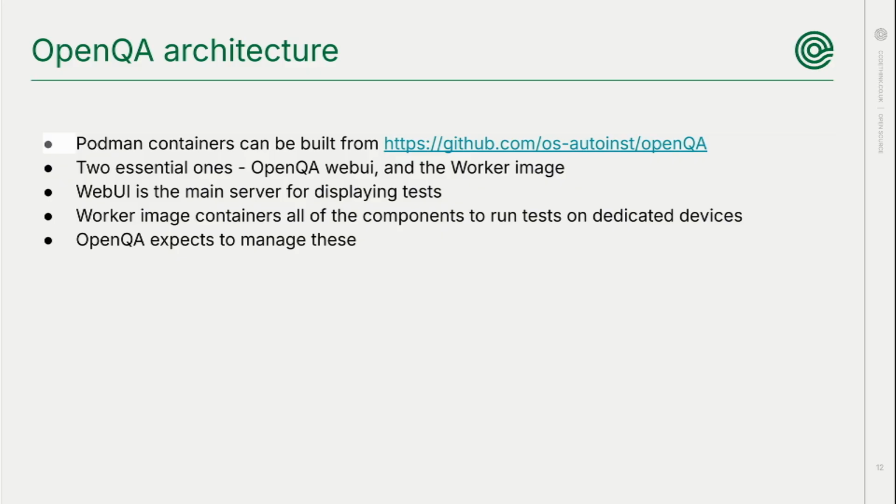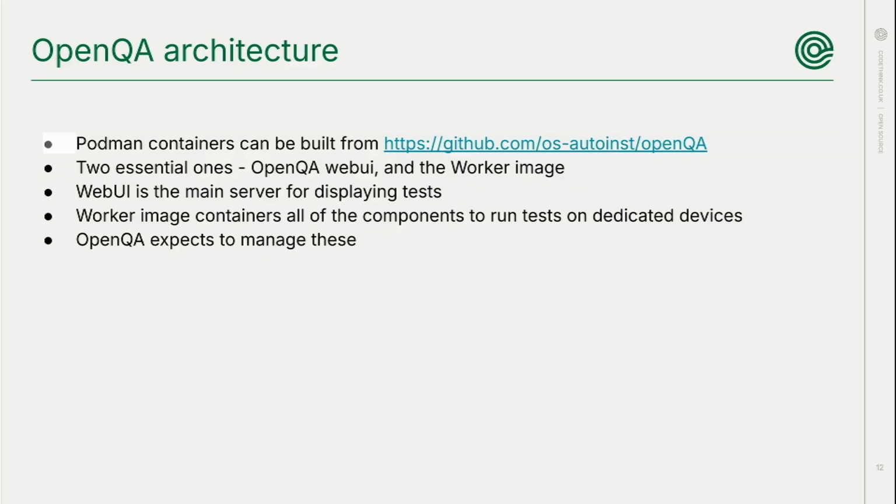You don't actually need the openQA web UI to run tests. If you were only interested in running tests and getting a pass or fail, you only actually need the worker image. But in my opinion, it's really good to have the web UI because you get those reports. You get a very easy way of seeing what exactly went wrong with the test.